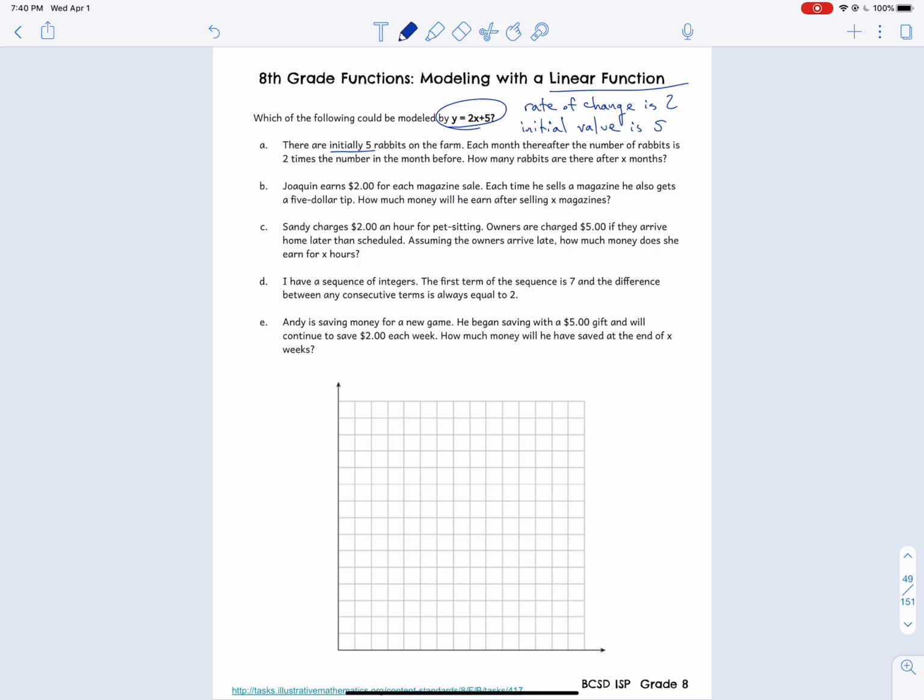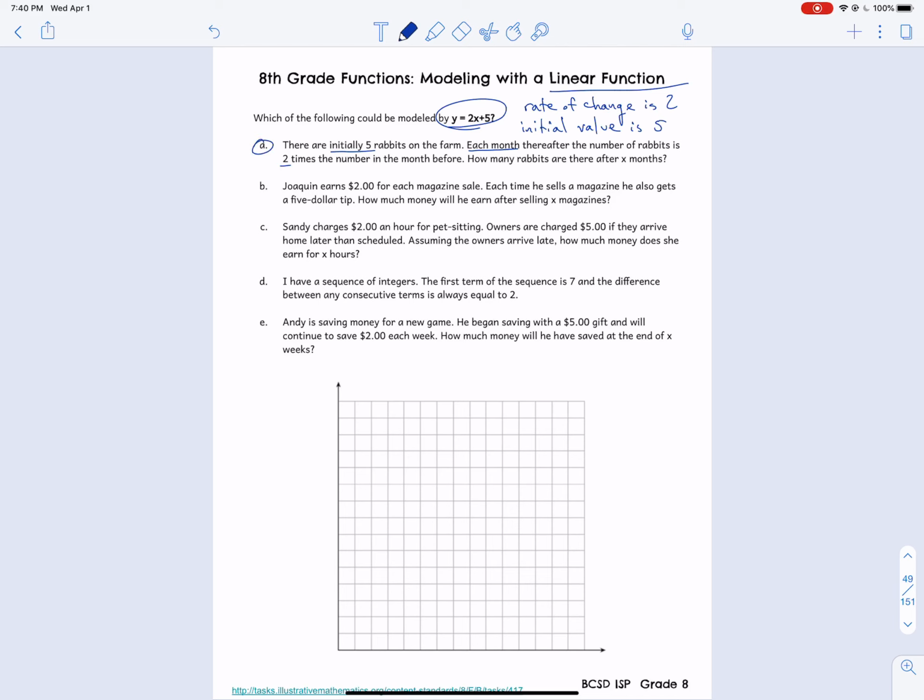So each month, or each, is a keyword for rate of change, and we are talking about 2 times the number. Okay, 2x means 2 times that number. So situation A would match that equation.